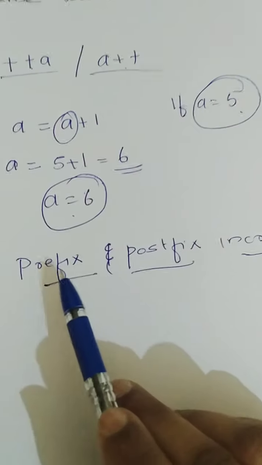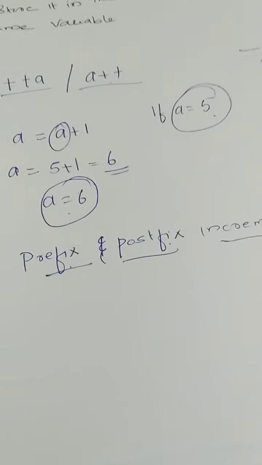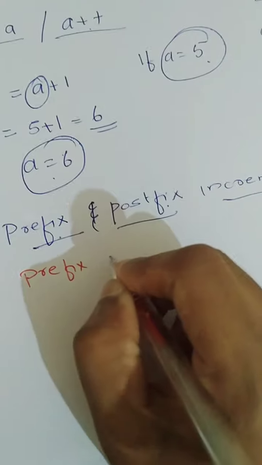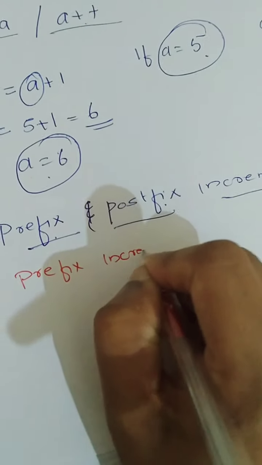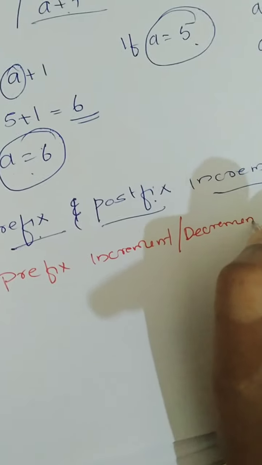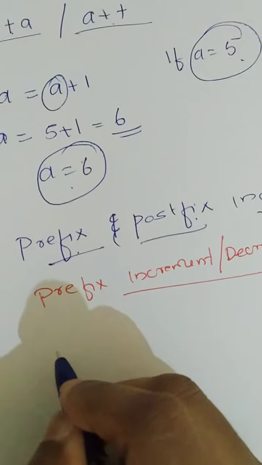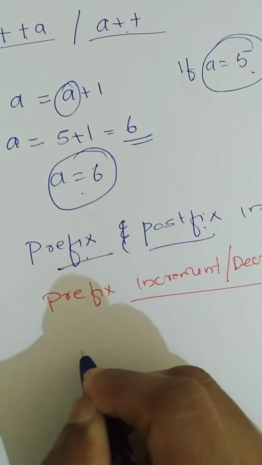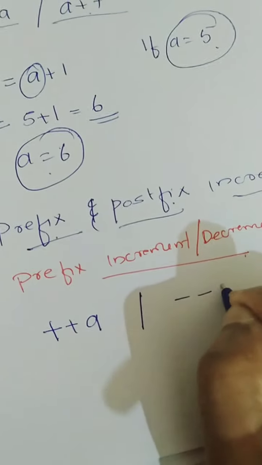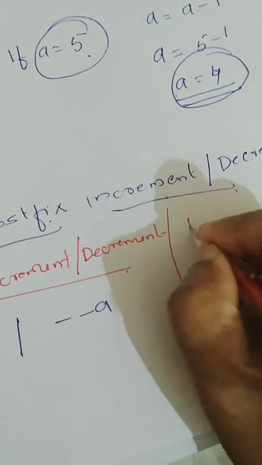Now we are going to learn about prefix and postfix increment or decrement operators. First we will see prefix increment or decrement. Prefix means the symbol will come in front of the variable, that is plus plus a or minus minus a. This is known as prefix. So what will be postfix?